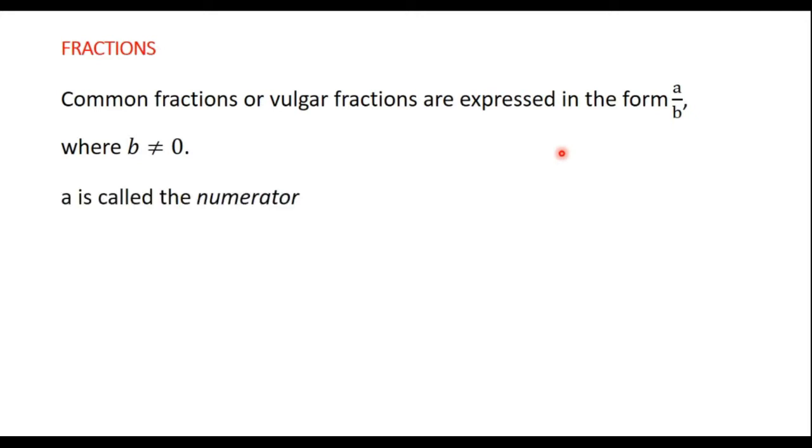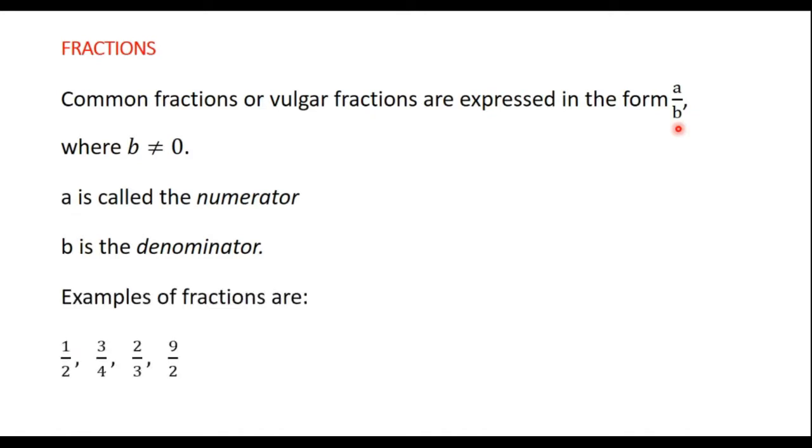Now, if fractions are expressed in the form a over b, the top part, which in this case is a, is called the numerator. Then b, which is the down part, is called the denominator. So if you have a fraction like 1 over 2, 1 is called the numerator and 2 is called the denominator. We want to look at some examples of fractions.